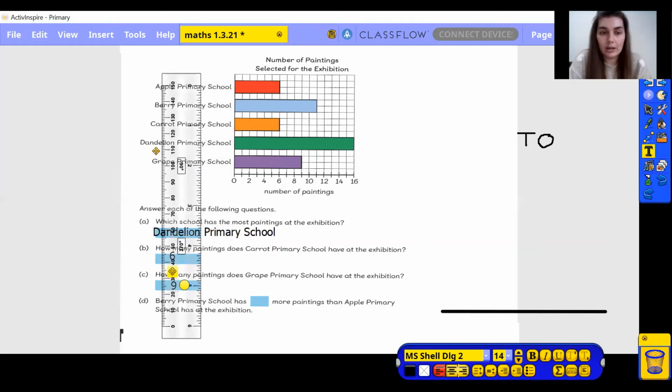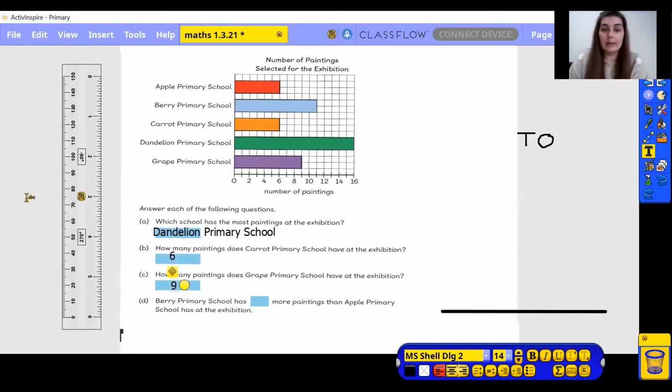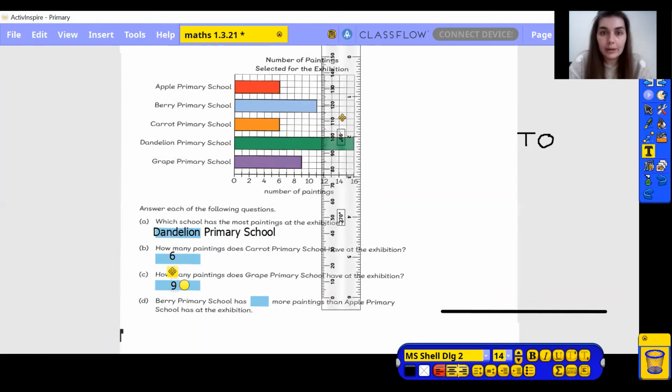And then the last statement says, Berry Primary School has blank more paintings than Apple Primary School has at the exhibition. So again, this is a comparing one, so I need to have a look at the information. So first of all, I'm going to find Berry Primary School, which is here. I'm going to line up my ruler.